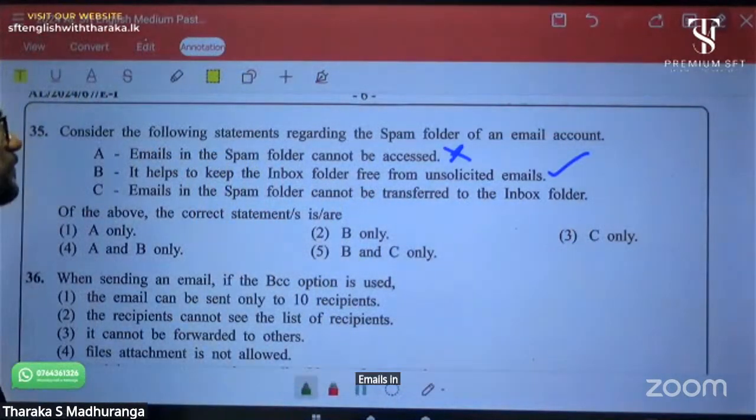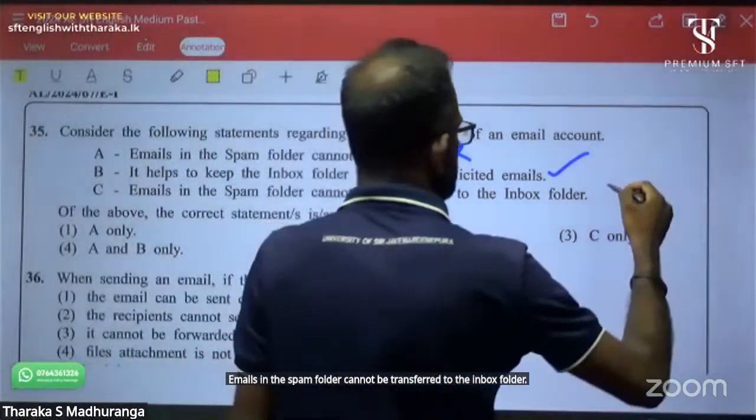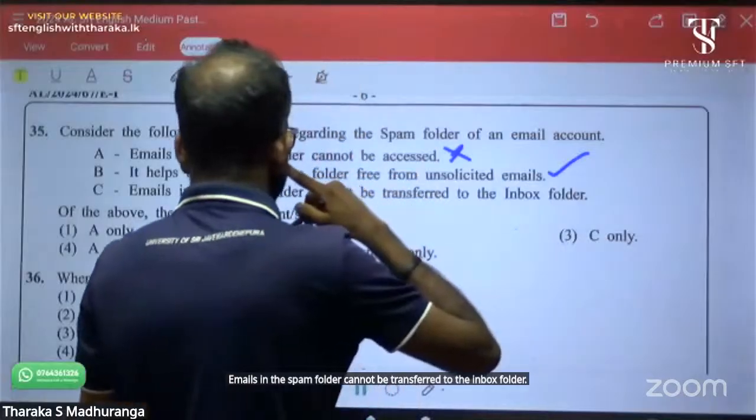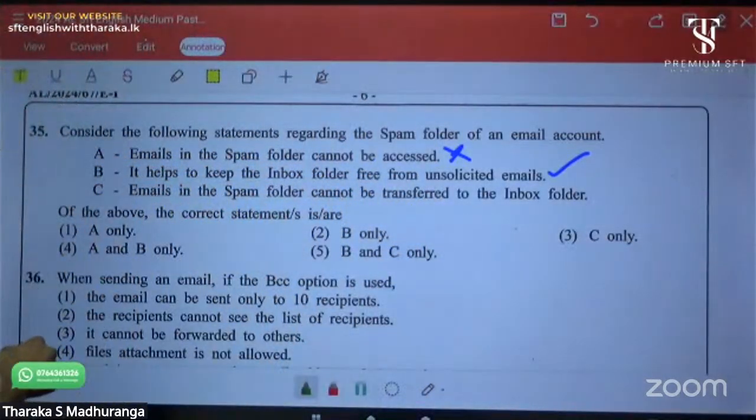Emails in the spam folder cannot be transferred to the inbox folder. Okay, what do you think?